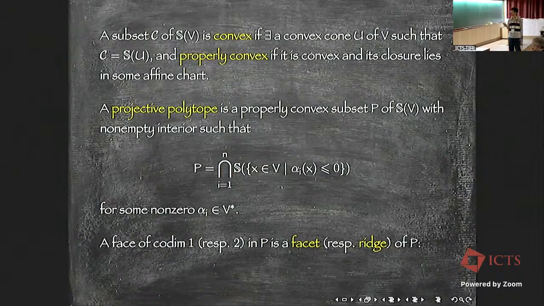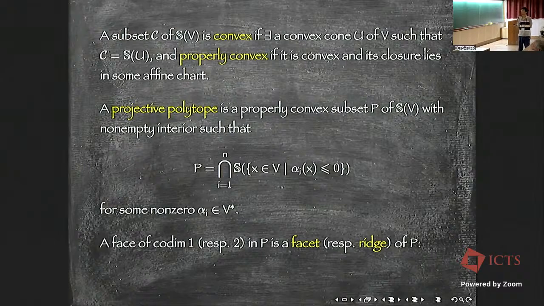And then properly convex: it is convex, and the closure lies in some affine chart. If you imagine a projective sphere and remove a one-dimensional lower sphere, then there are 2 components. Either component we call an affine chart. It's basically R to the D. If the closure lies inside this affine chart, then we call it properly convex.